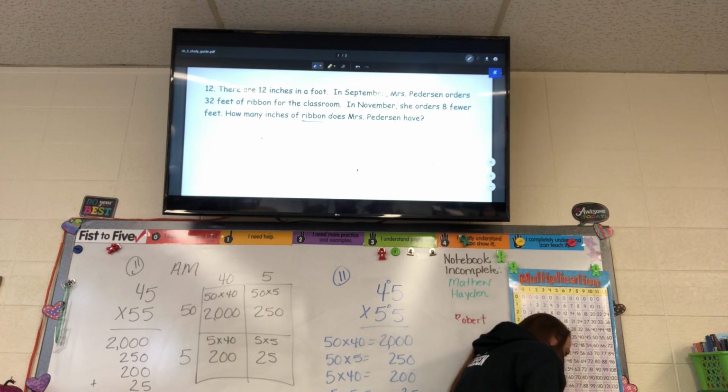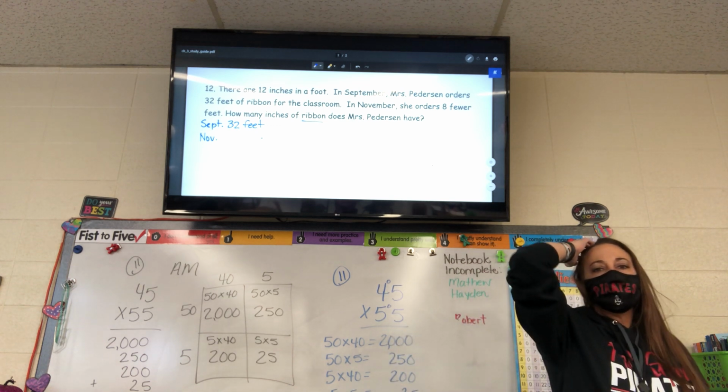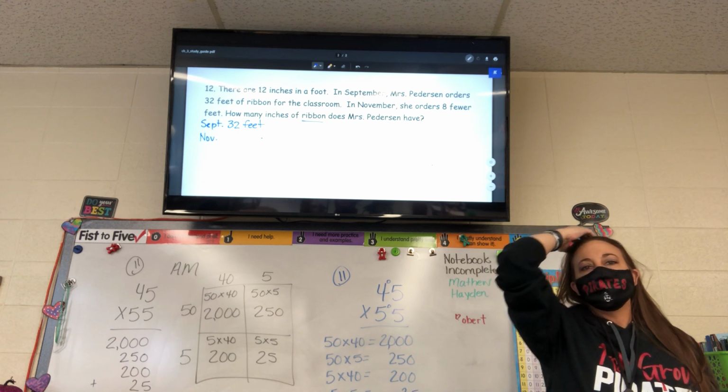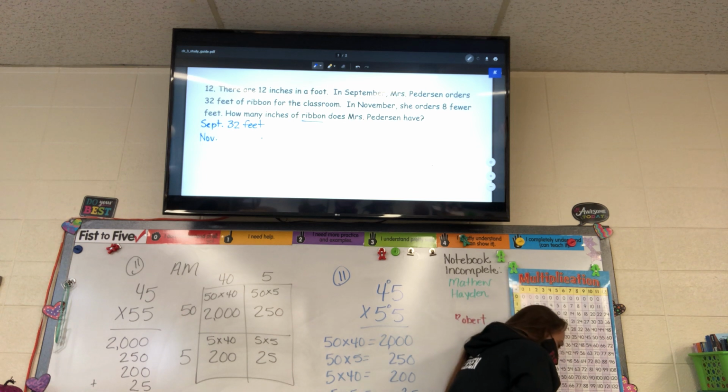In September, I ordered 32 feet of ribbon. In November, I ordered 8 fewer. So how do I find out how much I ordered in November, Landon? Subtract. 32 minus 8, yep. So November, I had 32 minus 8.